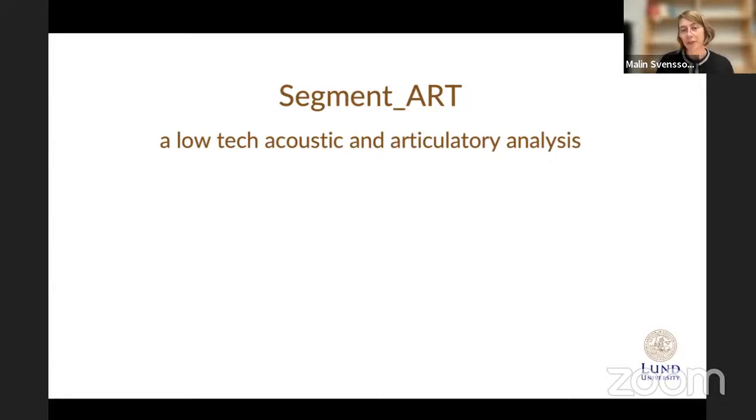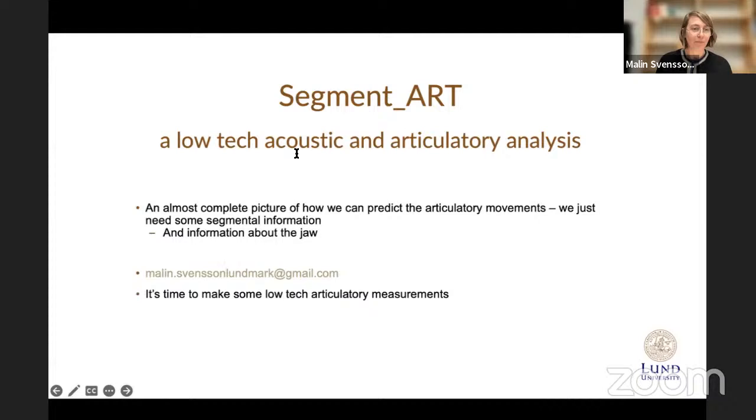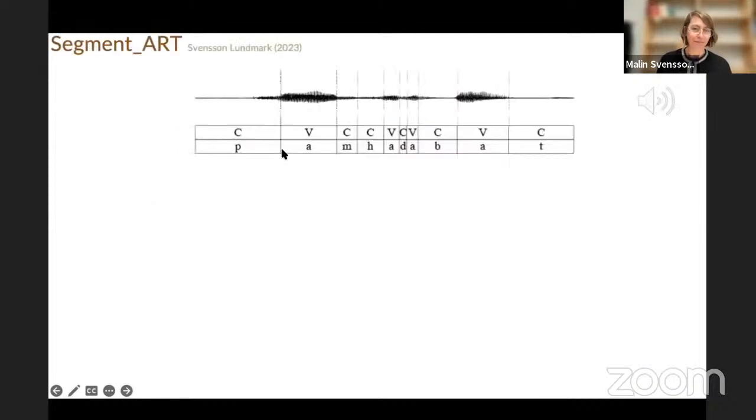So we could actually predict articulatory movements using a spectrogram or a speech signal with the addition of measuring the jaw. So next, we're going to make some very low-tech articulatory and acoustic analysis. This will be a very short tutorial, which I hope you can use for your own purpose with students. Please let me know if it works or if it doesn't as well. So let's make some low-tech articulatory measurements.